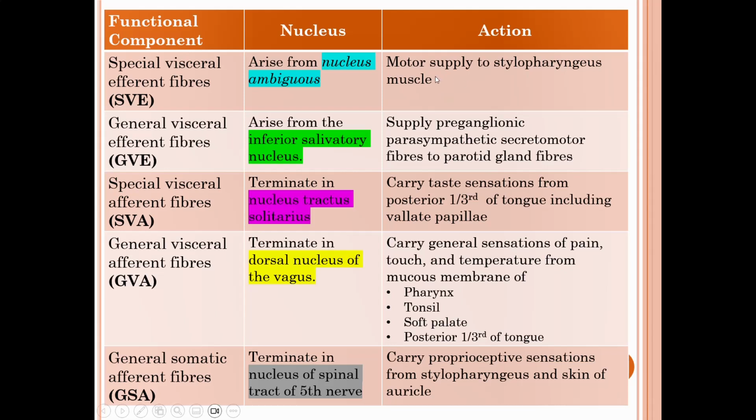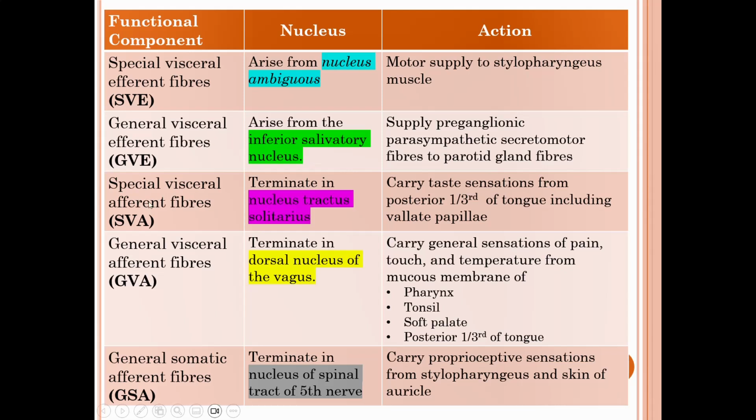It supplies the muscle arising from the third pharyngeal arch, which is stylopharyngeus. Also, it has general visceral efferent fibers. That means it is providing parasympathetic secretomotor fibers to the parotid gland, and the nucleus is the inferior salivatory nucleus present in the medulla.